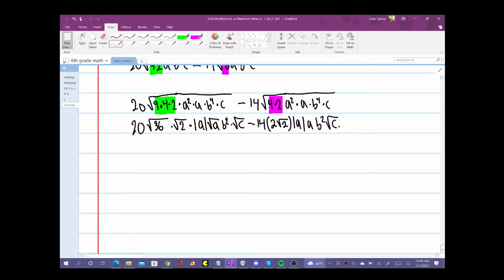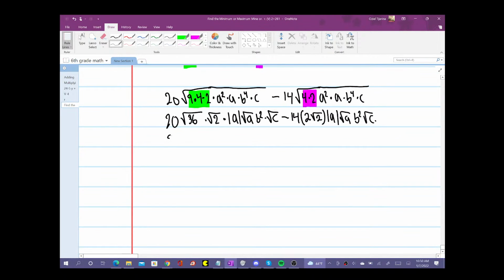So let's see here. It's supposed to be square root of a. So this becomes 20 times 6 times the square root of 2, square root of 2, it's going to be AC times the absolute value of a, b squared.